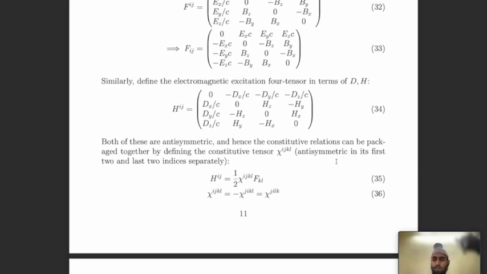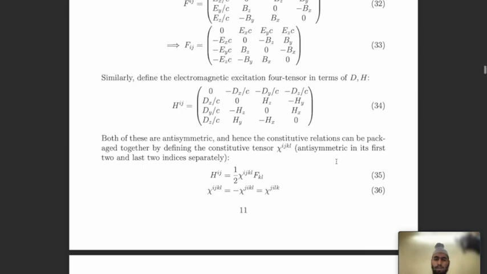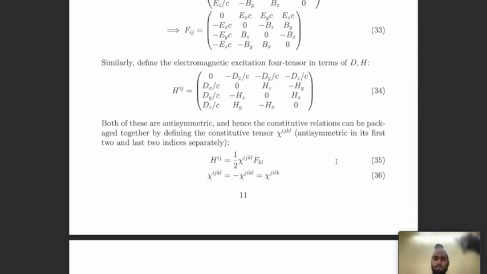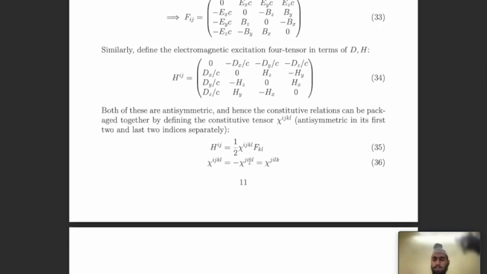Both of these are by definition antisymmetric, and when we package the constitutive relations, which are local and linear, into tensorial form, then we obtain tensor contraction of the field strength tensor with what we are calling the constitutive tensor chi. It is a fourth rank tensor, and it is antisymmetric in the first pair of indices and in the last pair of indices.